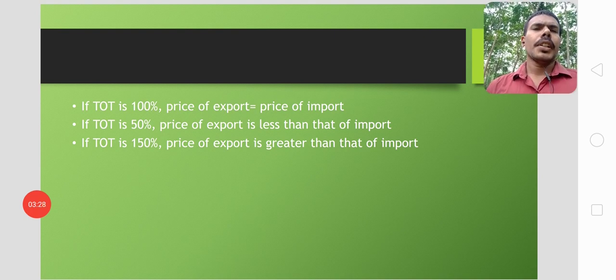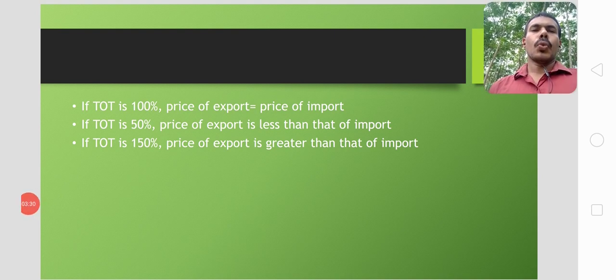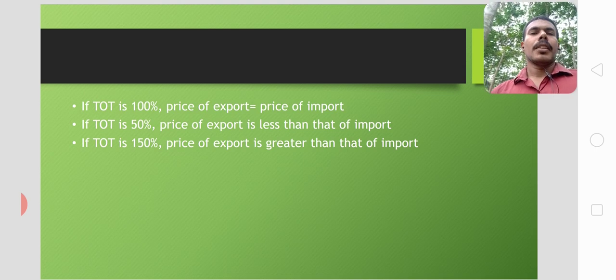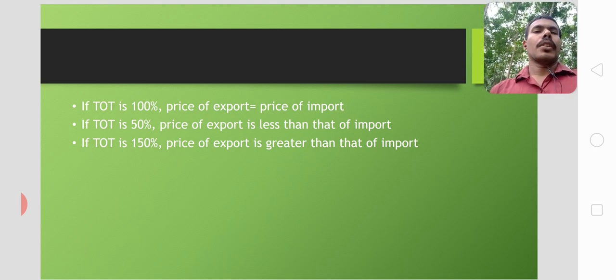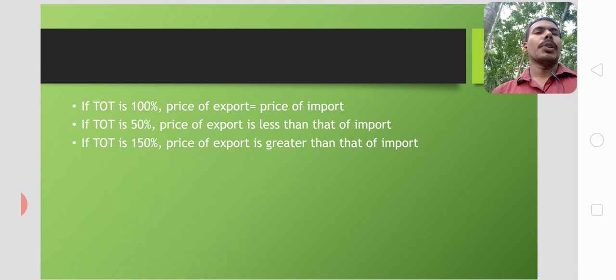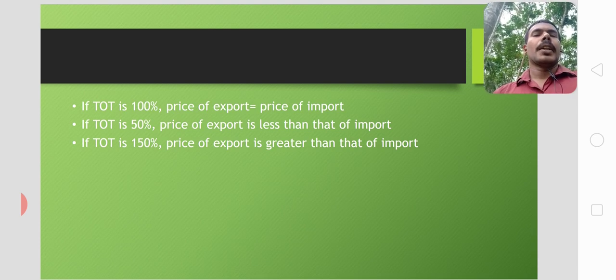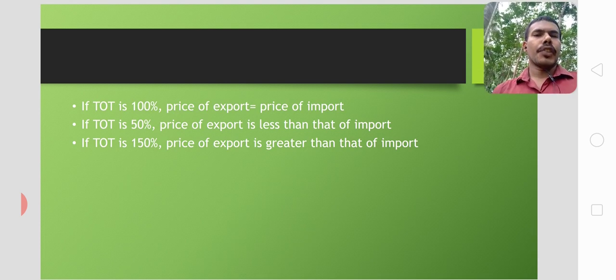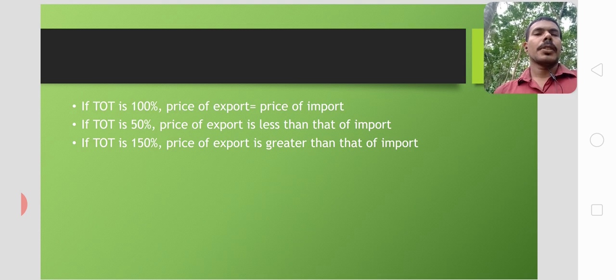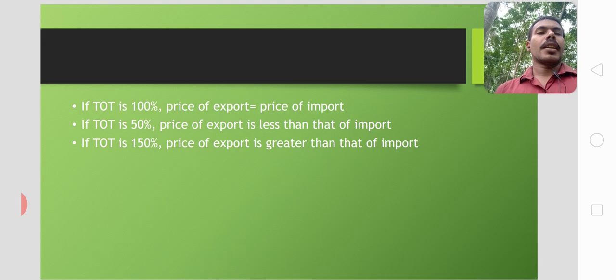If terms of trade is 100%, or 1, then the export price index will be equal to the import price index. If terms of trade is 50%, then the price of export that the nation is receiving is less than the import price that we have to pay.